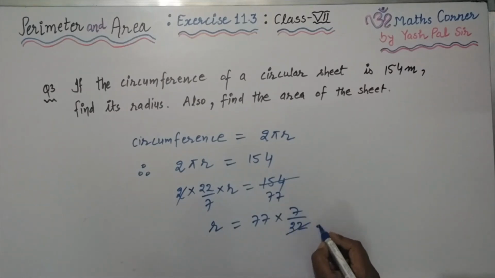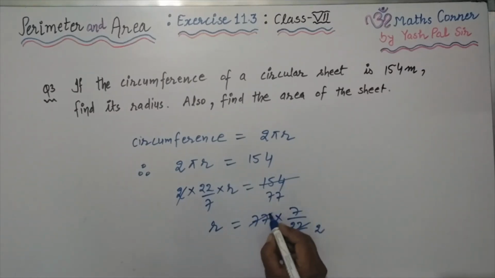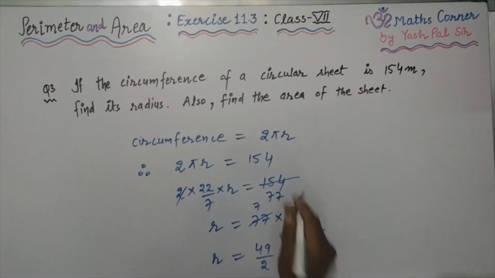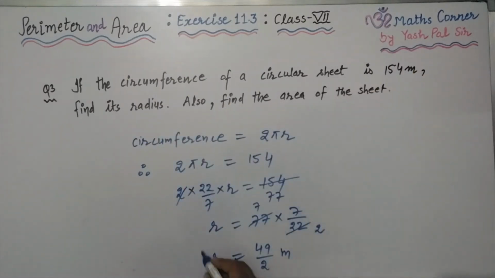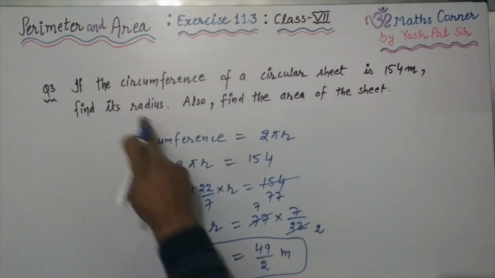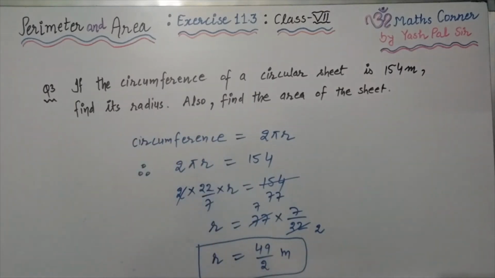Now dividing by 11, 11 into 2 is 22, 11 into 7 is 77. So finally the value of r is 7 into 7 is 49 upon 2. This is in meter. So this is r. So first part, find its radius. Radius is 49 upon 2 meters.